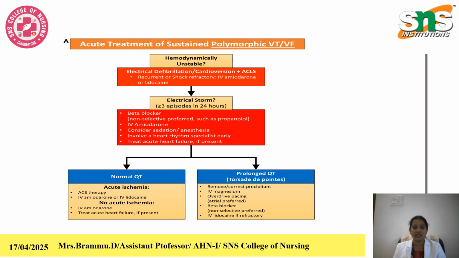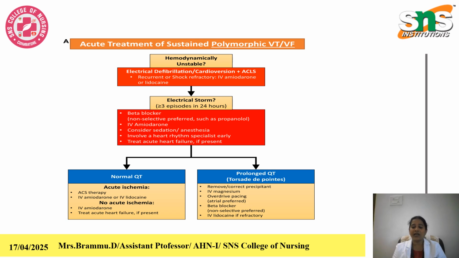If the patient is unstable, then we have to plan for either electrical defibrillation or cardioversion along with the ACLS protocols. And in case the patient is going into an electrical storm with more than 3 episodes within the first 24 hours, then the treatment of choice would be starting with a beta blocker, starting with IV amiodarone, and starting with sedation in order to calm down the heart rate, as well as to make the rhythm more normal.